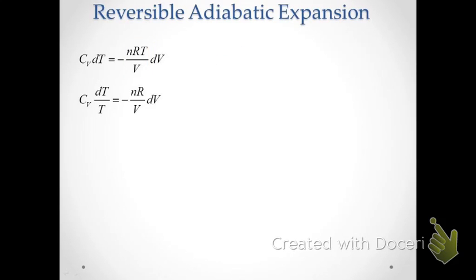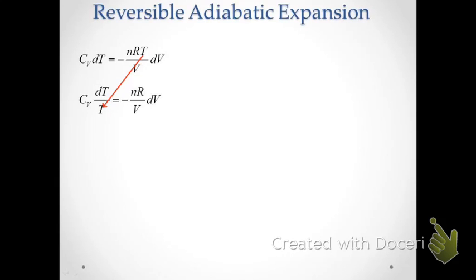Now, in this case, because temperature is in the expression on the right, in order to integrate, we have to make sure that we get like variables on the same side of the equation, so that we have all the temperature variables on the left side and all the volume variables on the right. So what we've done here is divide through both sides by temperature.